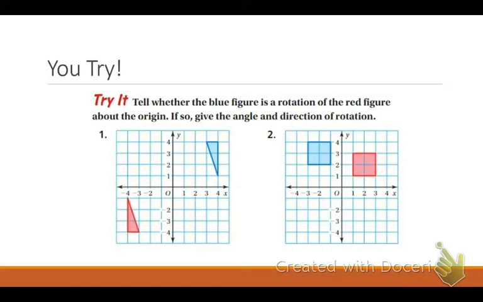Yes. Now, how many turns would it take to make the red turn to the blue? 2 turns. So how many degrees is that? 90 and then 180. 180 is going to be your 2 turns.